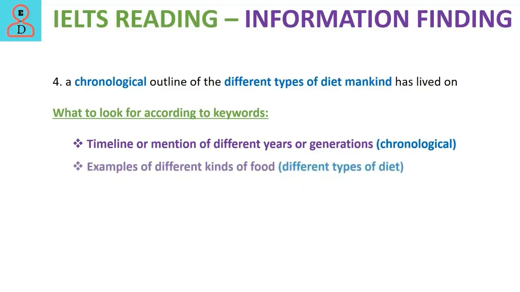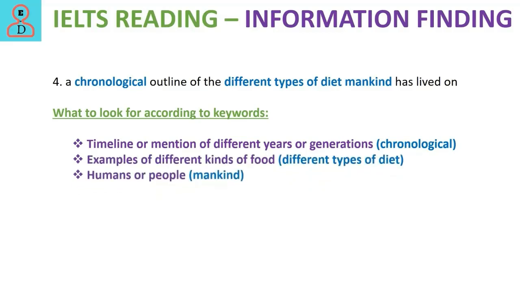So combining all the keywords, we know that the paragraph must mention the diet which humans had at different times of years. Since diets do not change within a short span of time, the timeline mentioned here should be dealing with long gaps, something like decades or even centuries.